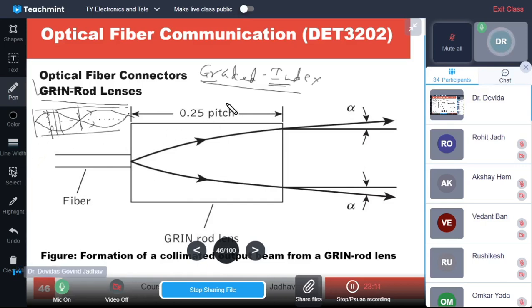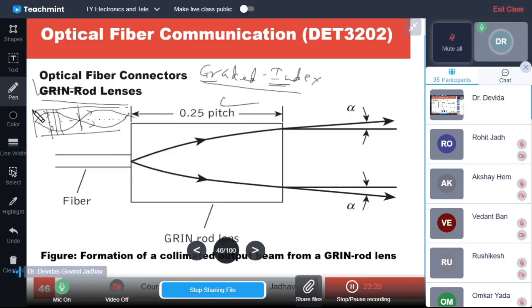So this wavelength is called pitch. Complete one pitch means one wavelength, 0.5 pitch means half wavelength, 0.25 means quarter wavelength, a 90 degree phase shift.